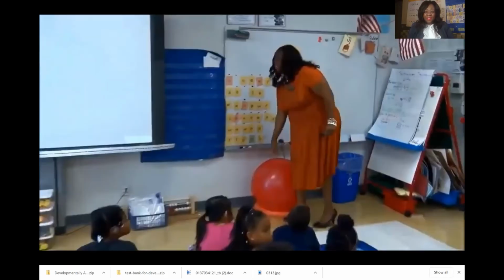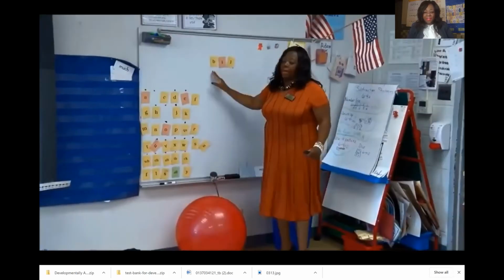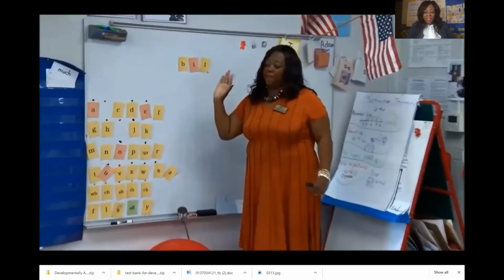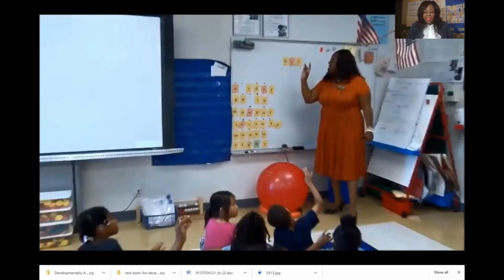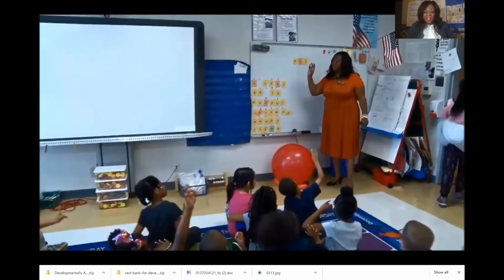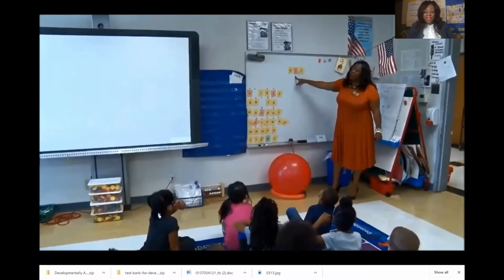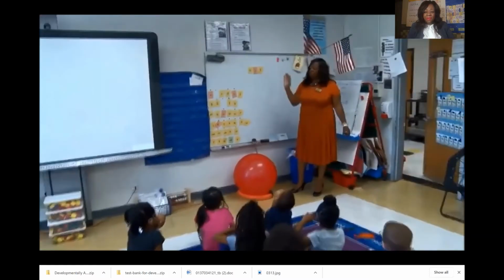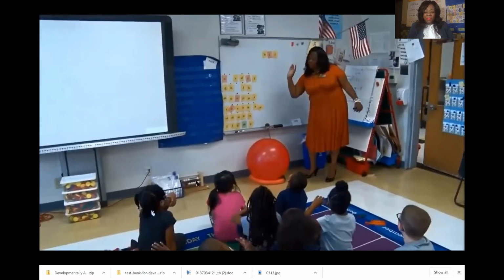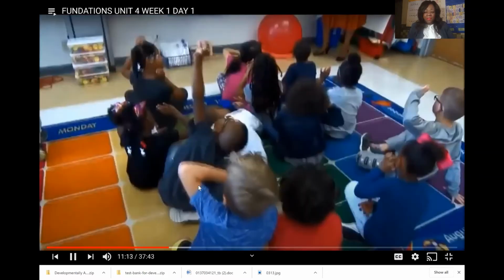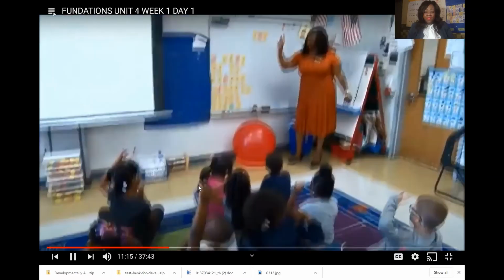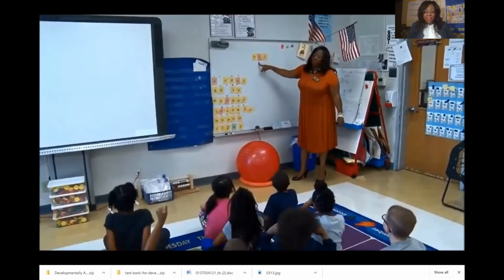Let's tap this out. Elbows up, everybody. Let's check Bill. So let's check the vowel and see if it's long or short. Ready? Elbows up. We're going to stop at the vowel. Ready, go. Long or short? Short.